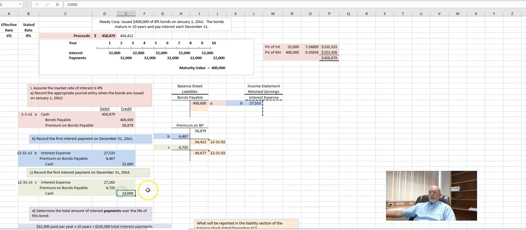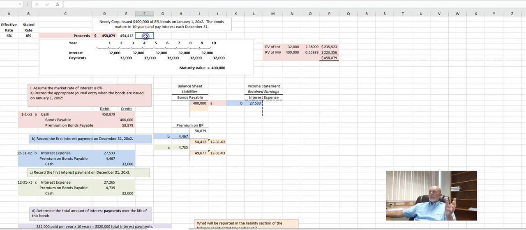The $32,000 credit to cash comes from the contract. And in the second year, we're going to amortize a little bit more. Remember, the carrying value is coming down, so the interest expense is a little bit less each time. Okay, so we're going to amortize just a little bit more on that premium.